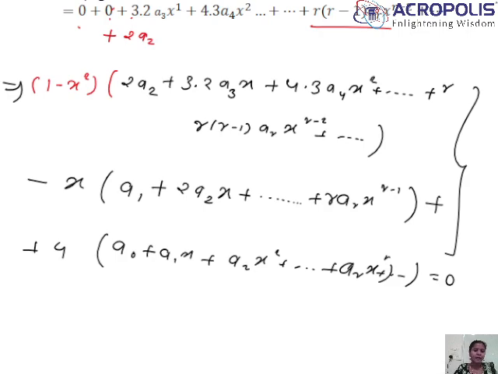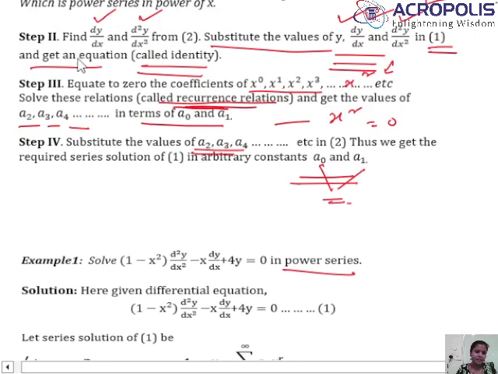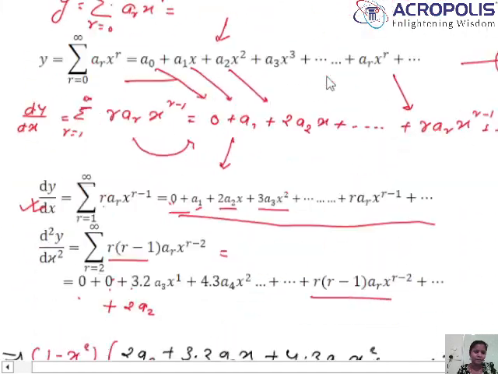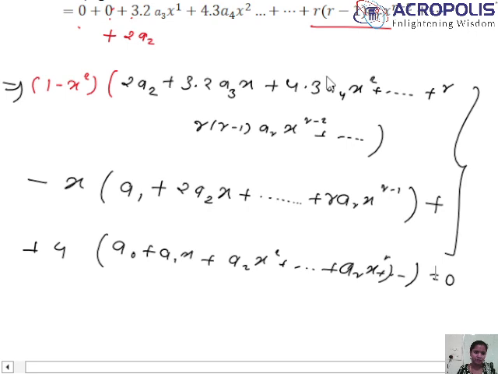Now see, what is the next step? The next step says equating to 0 the coefficients of x to the power 0 and so on. What is the coefficient of x to the power 0 here? First of all, we will multiply this 1 minus x square into this term and x into this term. Now write this.